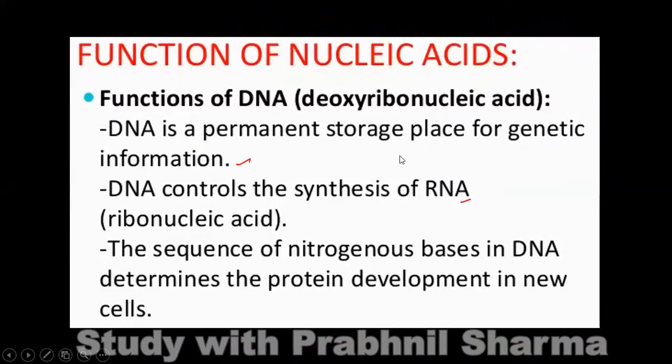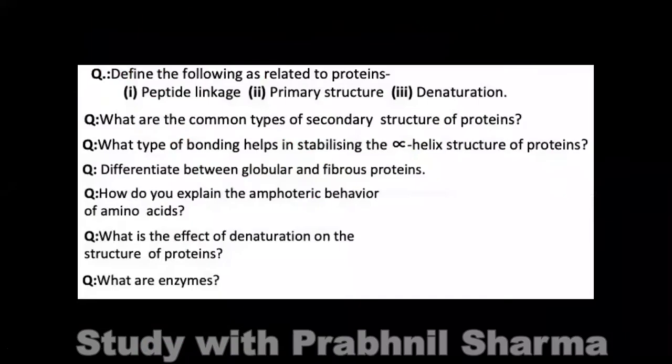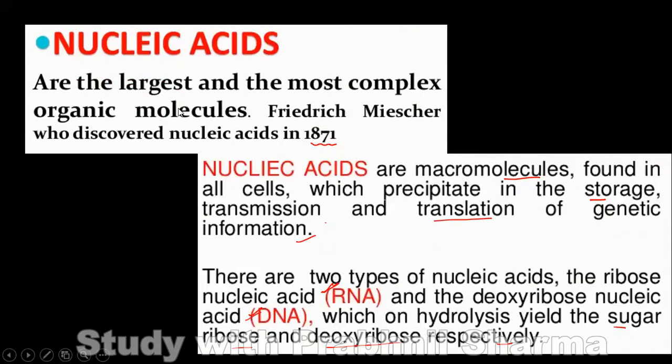Before this, we will study about nucleic acid, the most complex organic molecules, which were discovered by Friedrich Miescher in 1871. Nucleic acids are the macromolecules found in all the cells which are involved in the storage and transmission of genetic information.